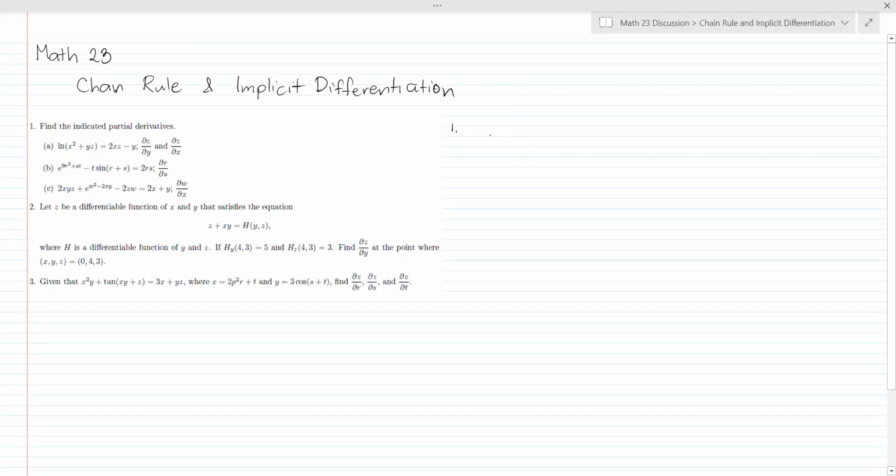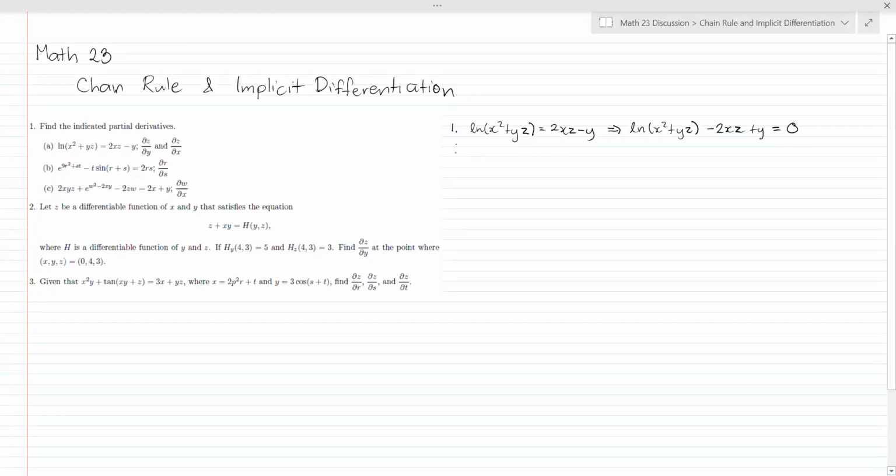Pwede natin i-express yung ln of x squared plus yz equal to 2xz minus y. Express natin as a function in terms of x, y, z equal to a constant. So, say ln of x squared plus yz, transpose lang natin yung other parts para mag-equal to 0. Any constant naman according sa theorem is equal to 0.